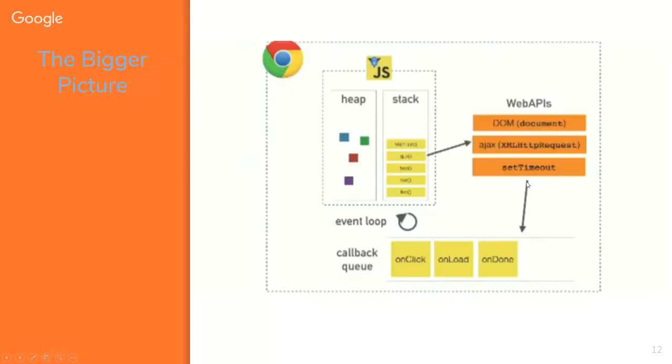Then we have this mythical event loop and the callback queue. I'm sure you've heard of some of these terms before, but maybe you don't quite understand how these pieces pull together. We'll find out about it in the course of this webinar. Let's first see what the call stack is.